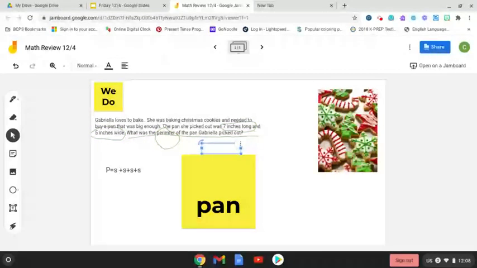So I'm going to put this as 7 inches. And I know this one is 7 inches because if that one's 7 inches, this one's 7 inches. And then it says it's 5 inches wide. 5. And if this one's 5, I know this one's 5.